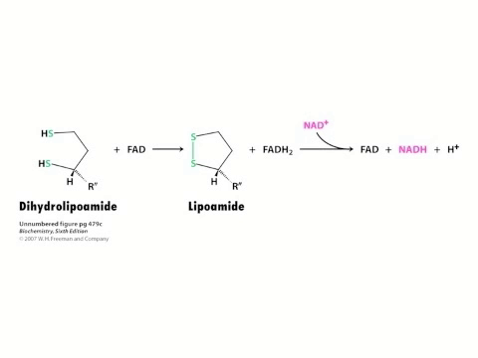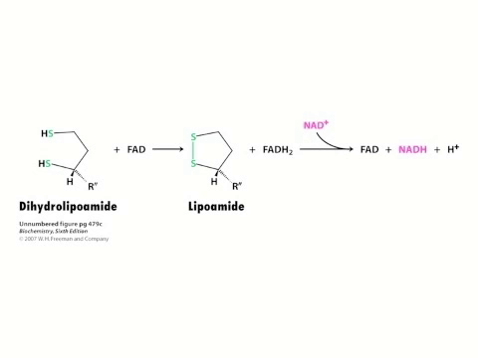To do this, we're going to use FAD. FAD is going to oxidize dihydrolipoamide, and in so doing, FAD is going to be reduced. We're going to end up with lipoamide and FADH2. Now the trouble with this is we have lipoamide, but we also are left with FADH2, and we need to regenerate FAD.